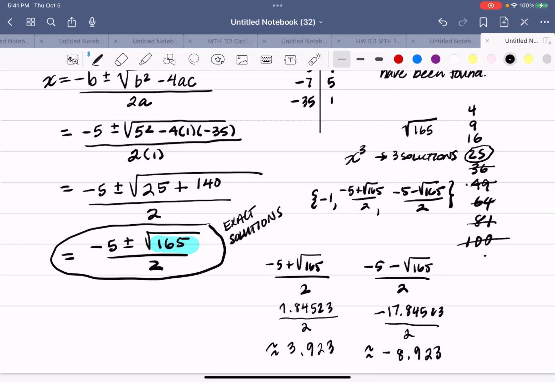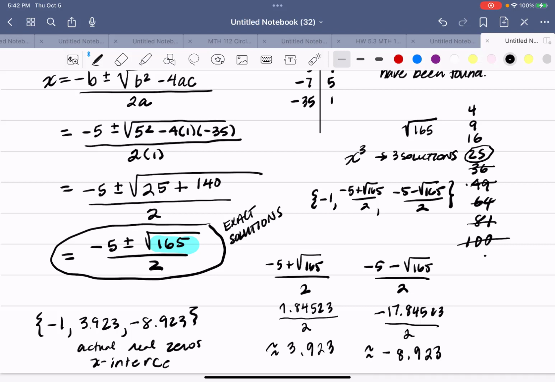So the final answers in the format they asked for were -1, 3.923, and -8.923. And these are actual real zeros. If you draw the graph, they would be x-intercepts, but you would have to estimate their locations.